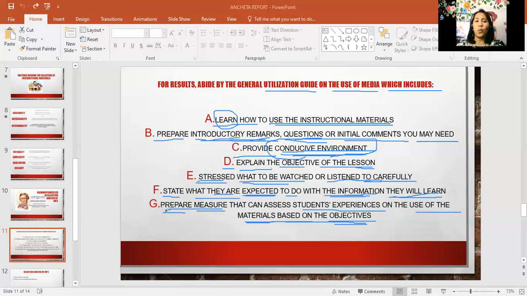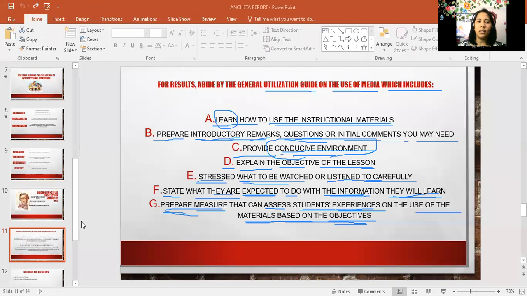You need to prepare a short quiz just to assess the students' learning, if they got the lesson properly or they did not listen or pay attention, just to know if your learners really watched or really understood the given topic based on the instructional material that you have used.